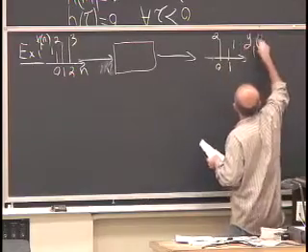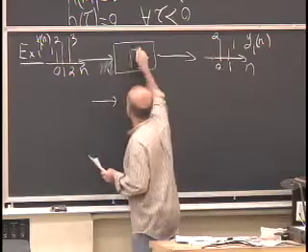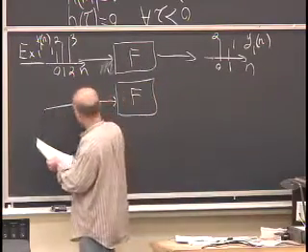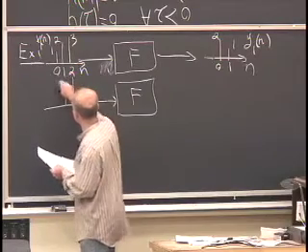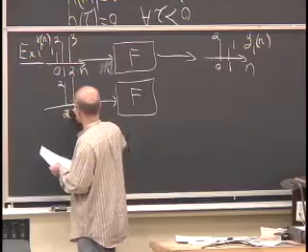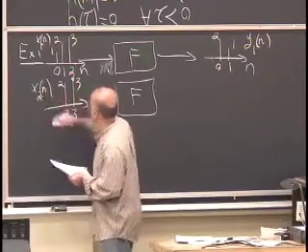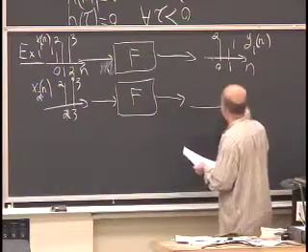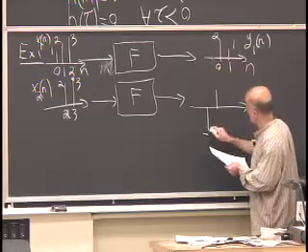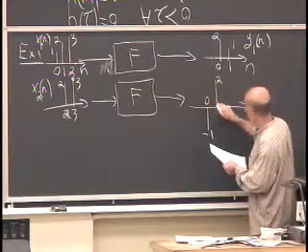So this is y1. And if I give this system the input 2, 3 at 2, 3, the corresponding output is minus 1 and 2 at 0 and 1.